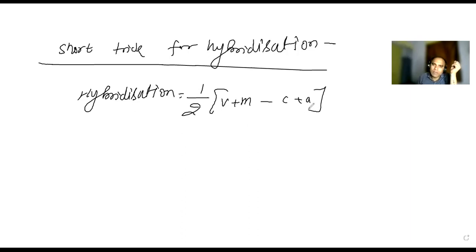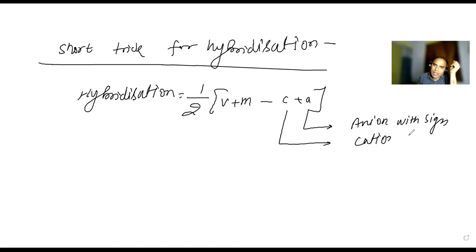What is A? A is for anion, with sign. We have to take the anion with sign. C is the cation. Cation also we have to take with sign, right? Now, M is for monovalent atoms. This is what is called monovalent.